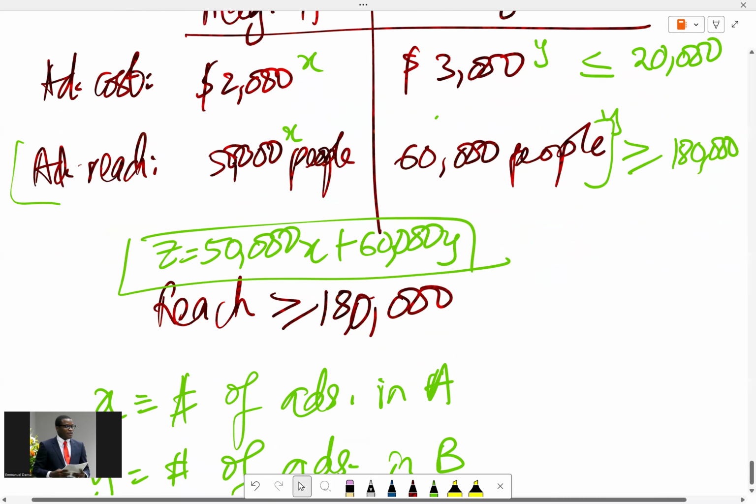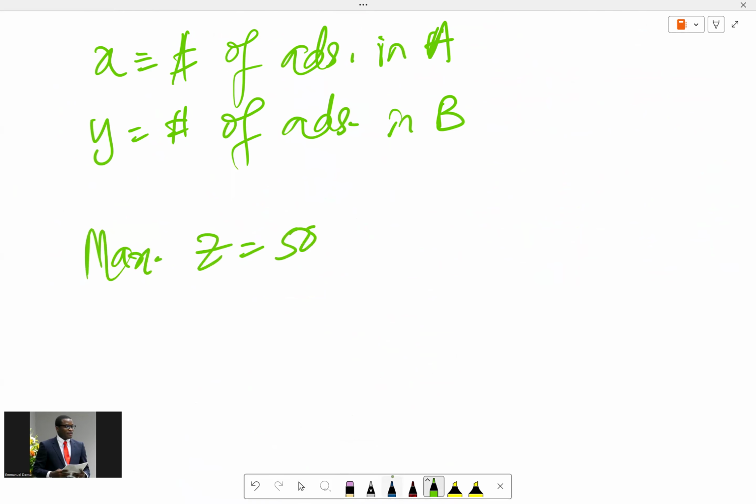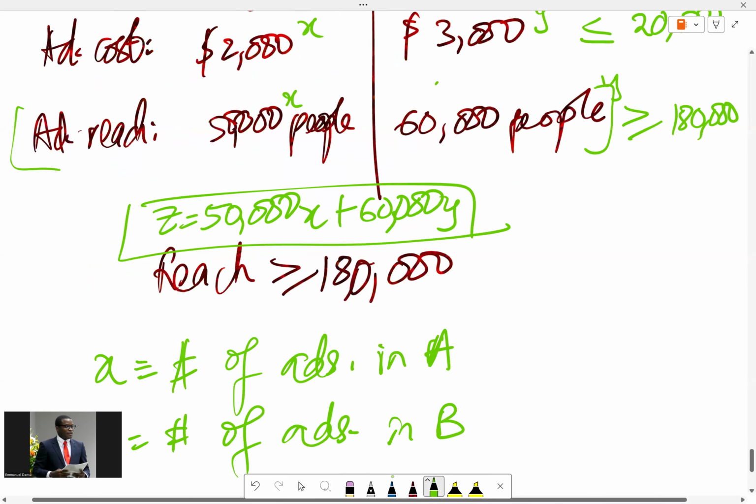So you can now write out the whole problem: you want to maximize Z equals 50,000 X plus 60,000 Y, subject to the constraints you have outlined already.